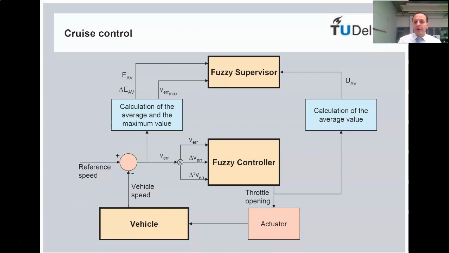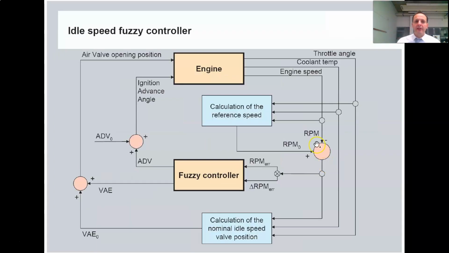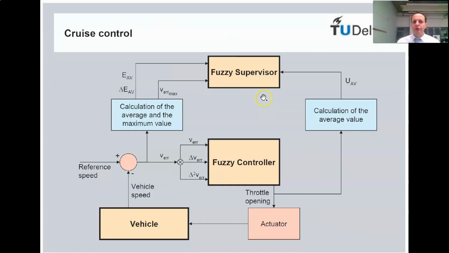And of course, this is the speed controller, and then you have the cruise control, which allows maintaining, for example, the velocity at a constant value in front of variations, for example, of the road and the load conditions.